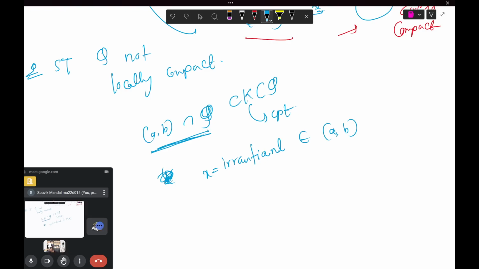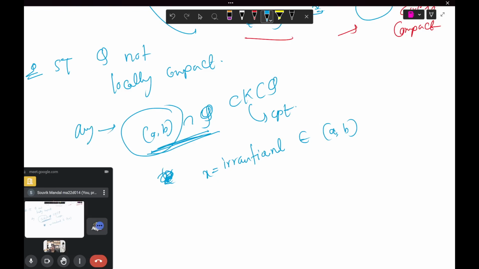No, no. Suddenly from where? You need to check that any open set cannot be contained in the compact set. It is any open set. You can't start with some particularly chosen open set. It has to be any.